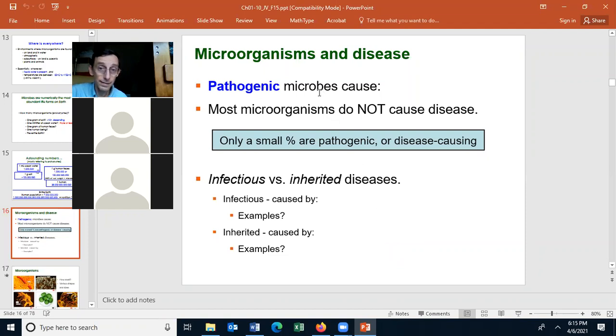Microorganisms can cause disease, so they do have a relationship with disease. Any microbe that can cause disease is called a pathogenic microbe. So a pathogenic microbe is a microbe that can cause disease.